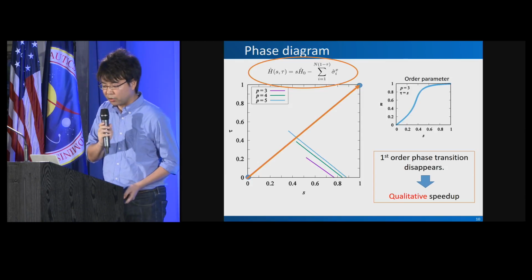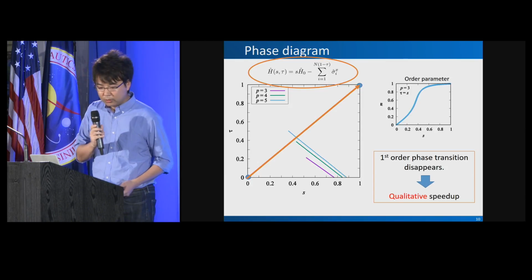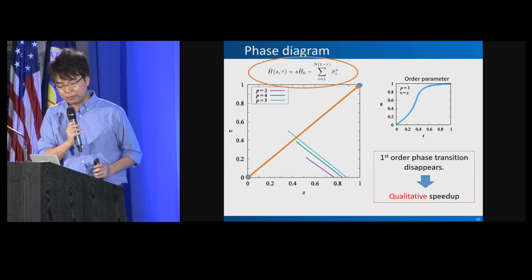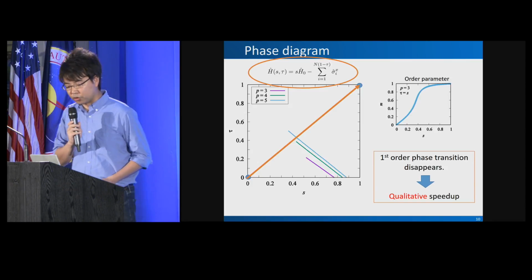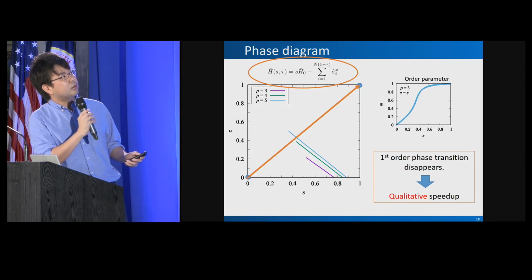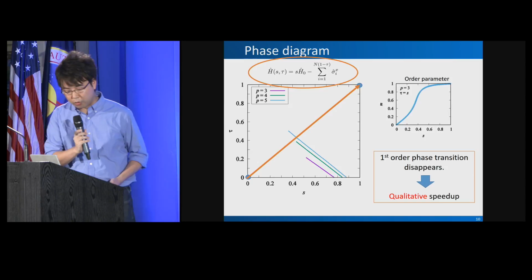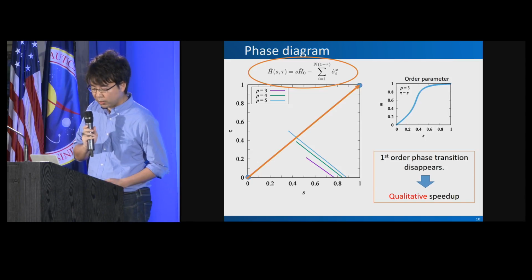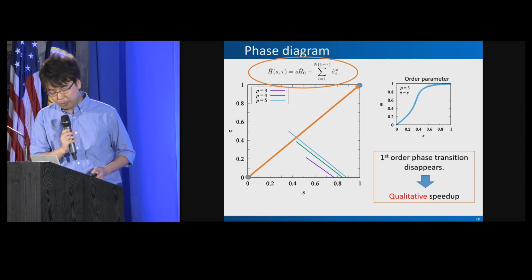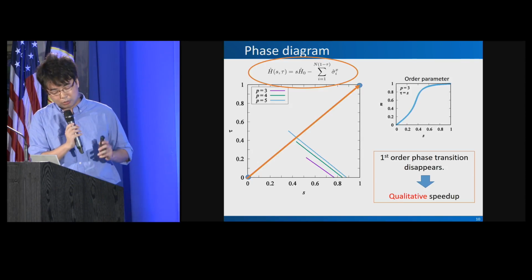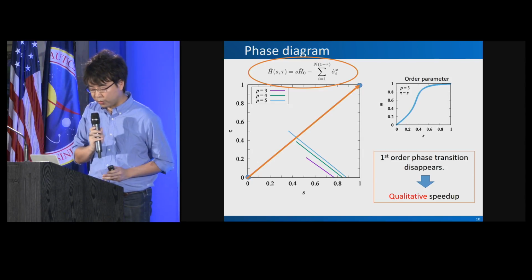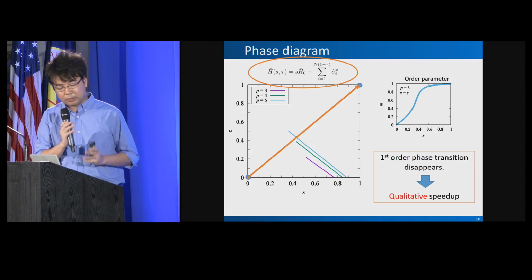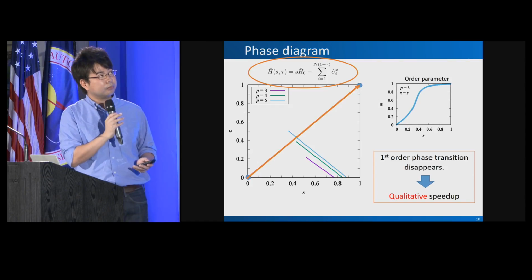There is no discontinuous change, no typical behavior of the first order phase transition. So at least by taking this path, we can avoid the first order phase transition, which leads to the qualitative speed up. We can expect the qualitative speed up by controlling tau, using this inhomogeneous transverse field.